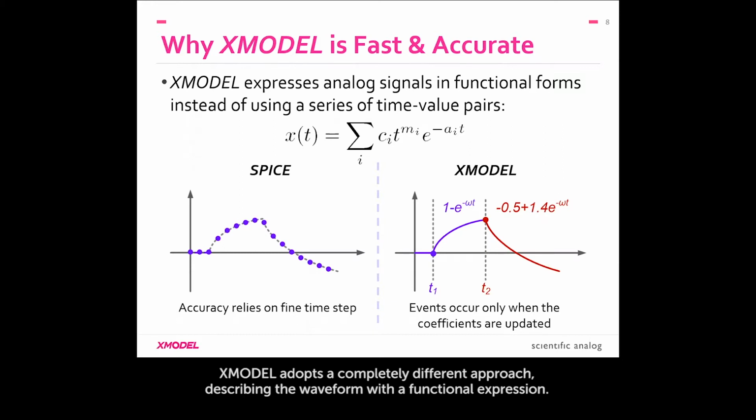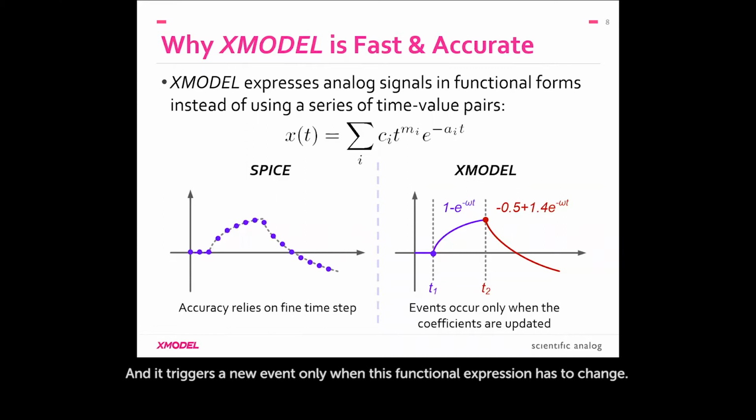XModel adopts a completely different approach, describing the waveform with a functional expression. Using this expression, XModel describes a waveform that varies over time with just a single event. And it triggers a new event only when this functional expression has to change.